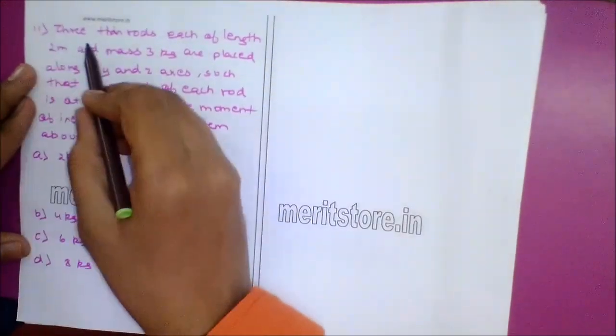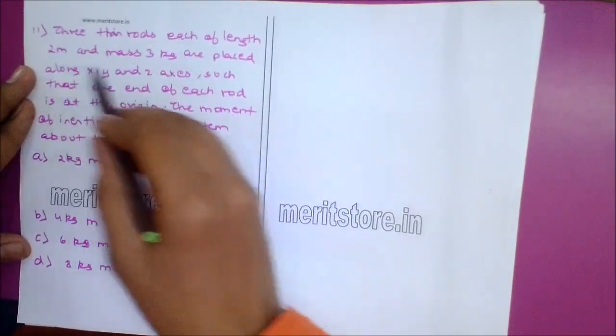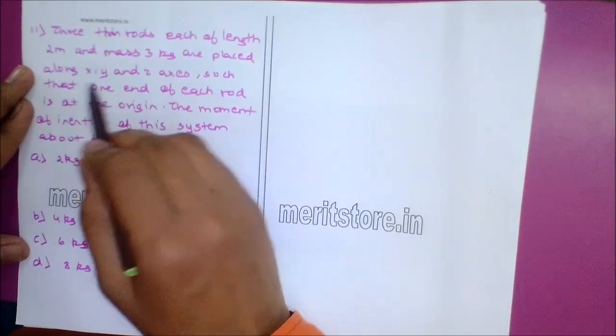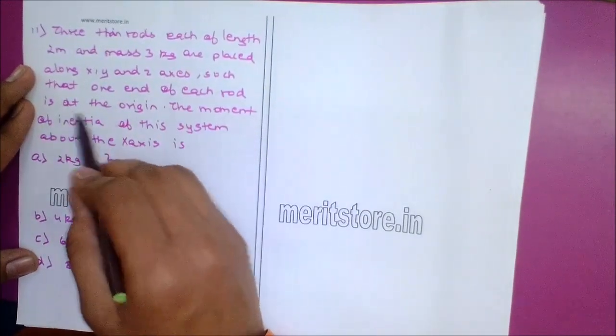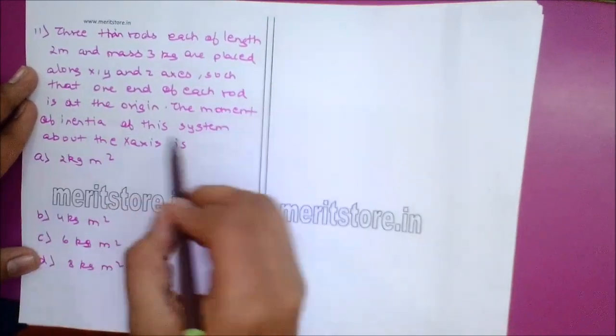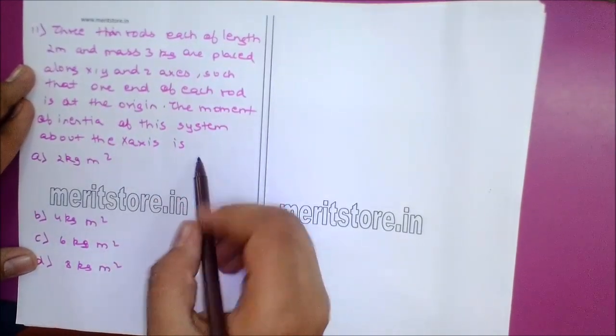Question number 11. 3 thin rods, each of length 2 meter and mass 3 kg, are placed along x, y and z axis such that one end of each rod is at the origin. The moment of inertia of this system about the z axis is.